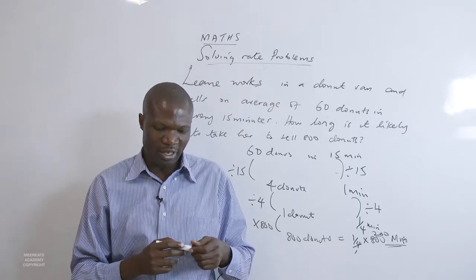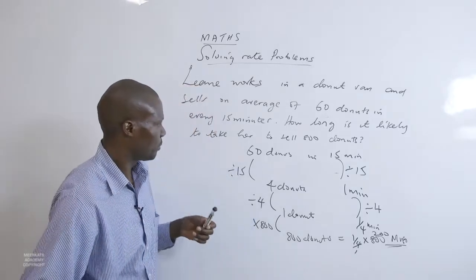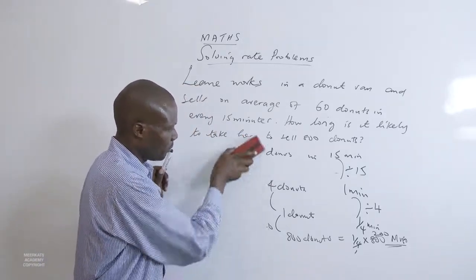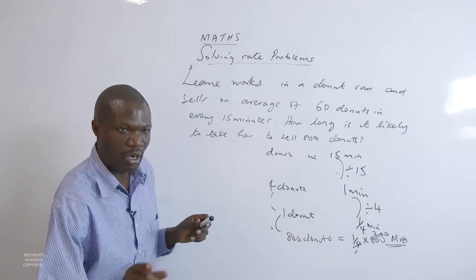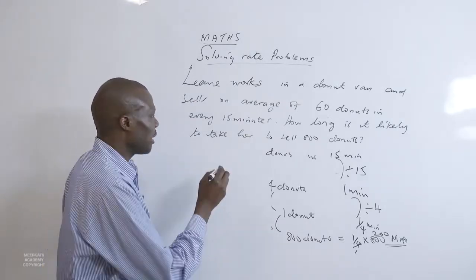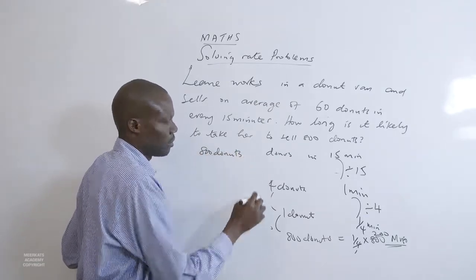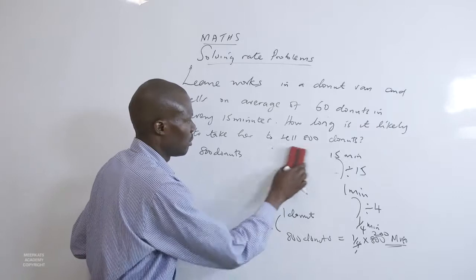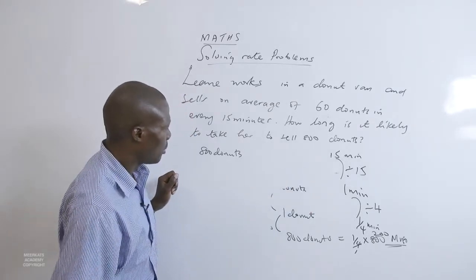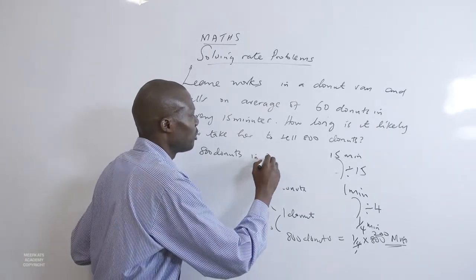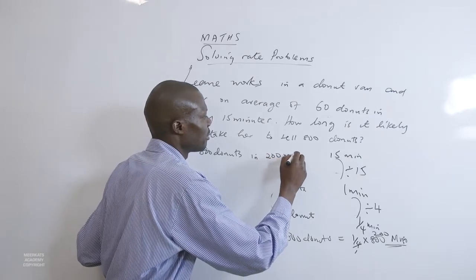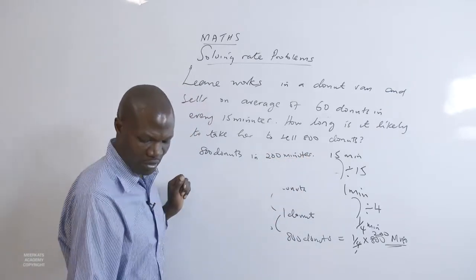So we are seeing here that 800 donuts take 200 minutes.